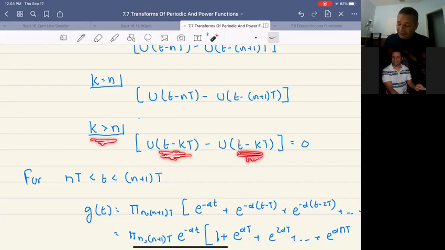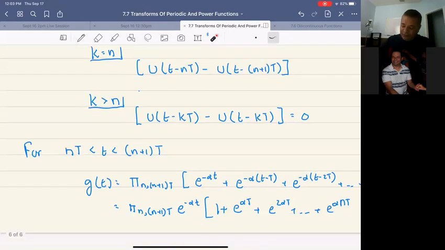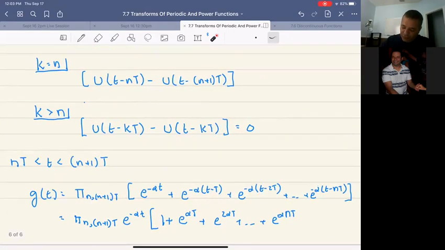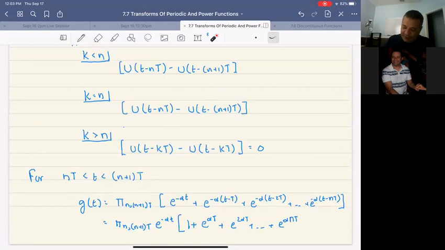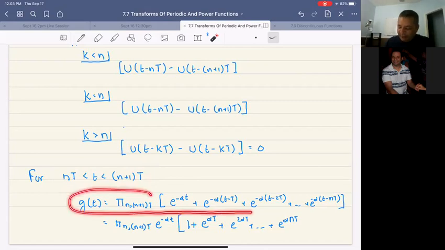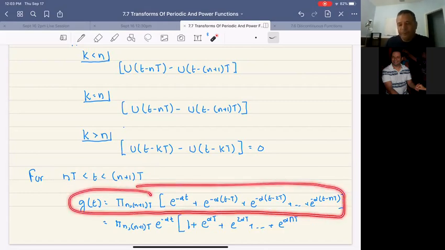So this is going to cancel out to 0. So now, when you're between nt and n plus 1t, you're going to be left with a finite sum, not an infinite sum.